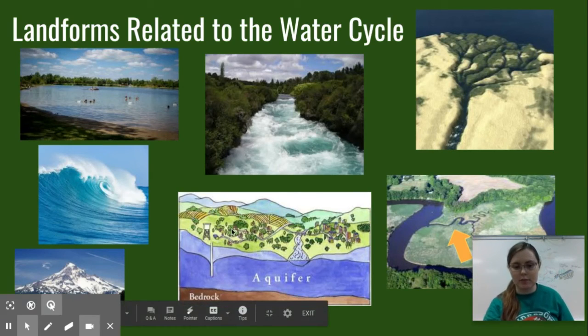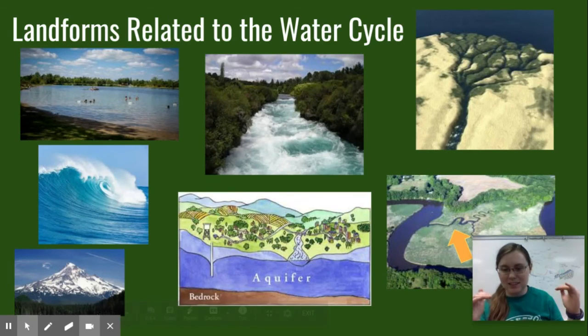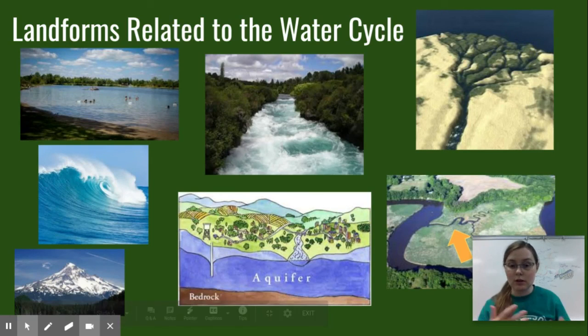And a lot of times, this is where you might end up having a natural spring come from it, or wells often will drill below the surface ground into the aquifer. And so a lot of times, this is a nice store of fresh water for periods of drought. That's what naturally would be used for.